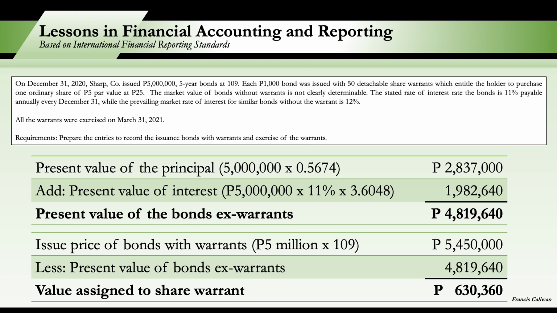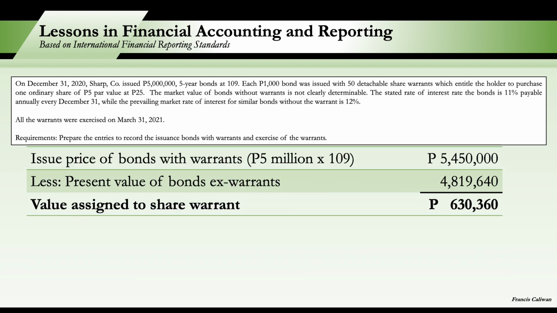So 5 million times 109 is 5,450,000. Next, we deduct the present value of the bonds ex warrants, which is 4,819,640. So the value assigned to the share warrants is 630,360.